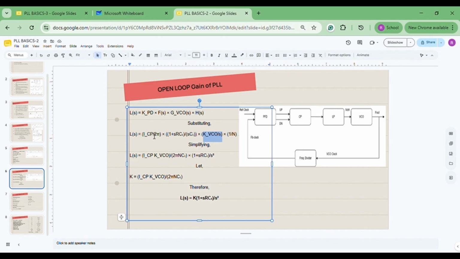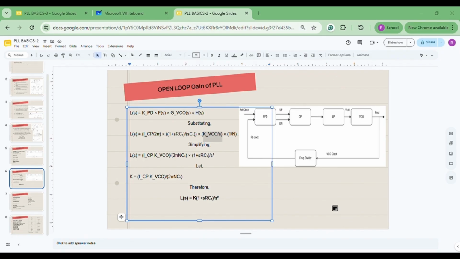ICP by 2 pi will have a unit in terms of ampere per radian, and this is something in hertz, KVCO by S. So to balance these two, we multiply by a 2 pi term in KVCO. That's what we have done in this module. So basically, we have multiplied KVCO by 2 pi to get the gain of the VCO.